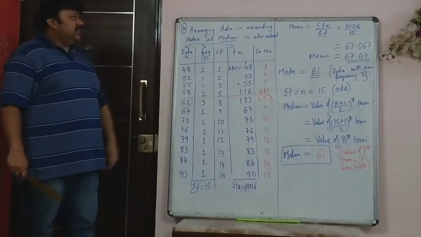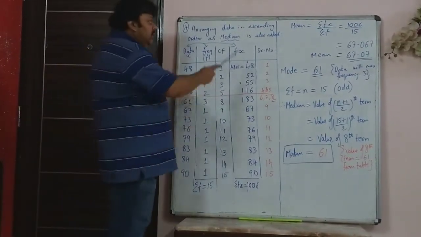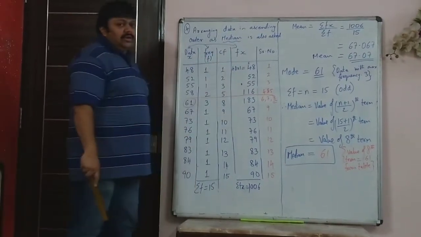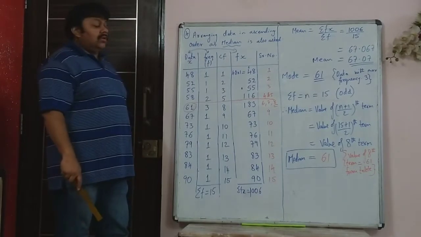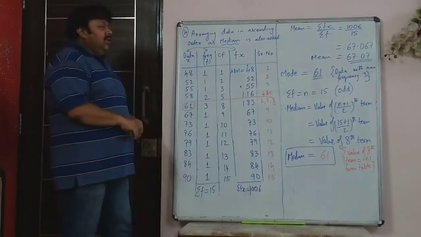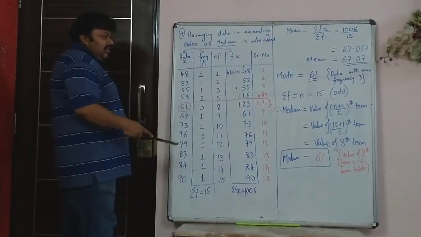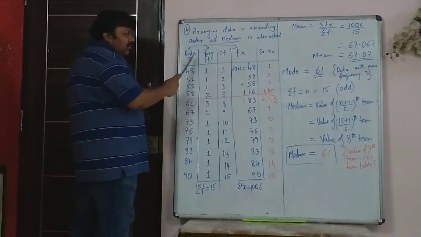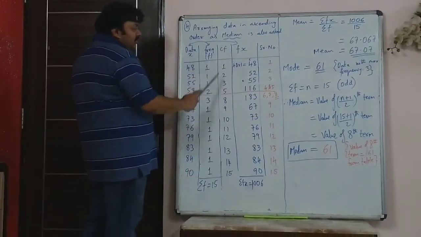The next question, since all three, mean, mode and median, are asked: whenever median is asked, you have to arrange the data in ascending order. So it is very important to arrange the data first in ascending order. It is given jumbled up and you have to find the frequency. So in this, first of all, mean is asked, so we have to find sigma fx. So the f into x column is there.